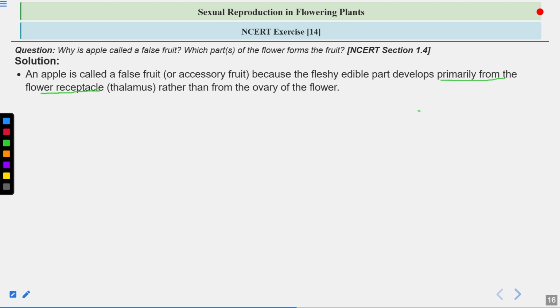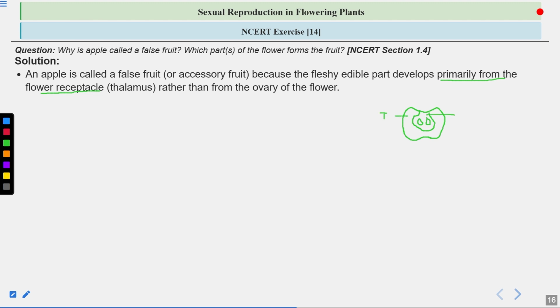So let us see this small diagram I am drawing here. This is the diagram of an apple. The apple is like this, and you can see a cross section. If you cut it, it is like this, and it has a seed here, right? So this is the thalamus.